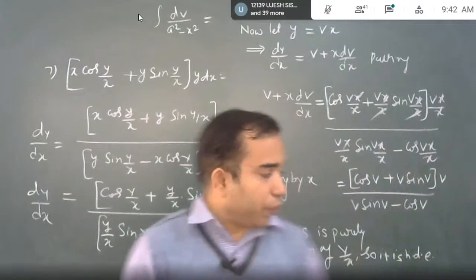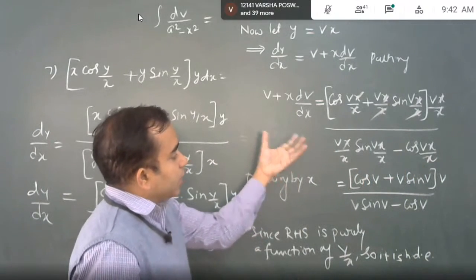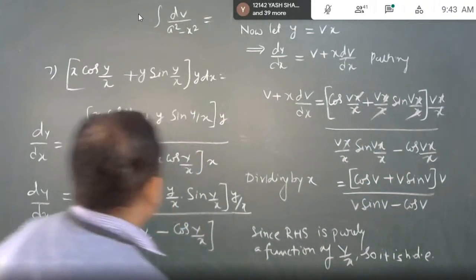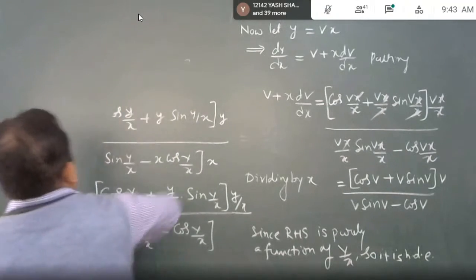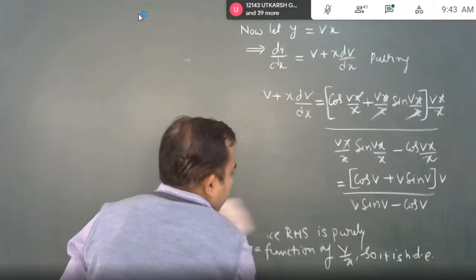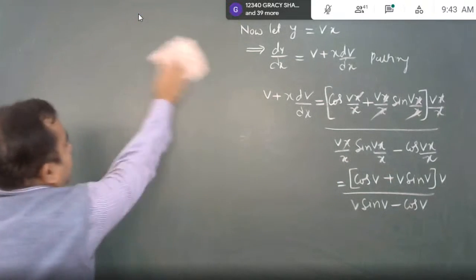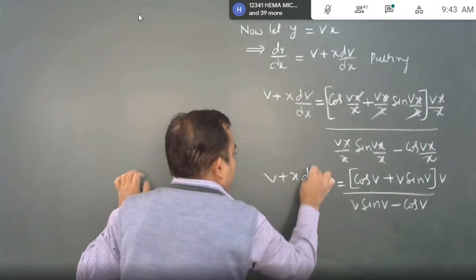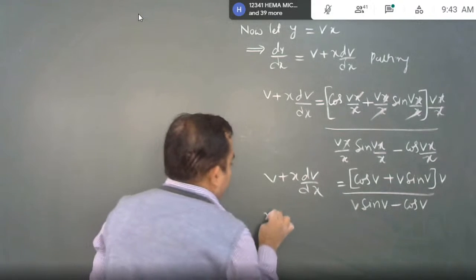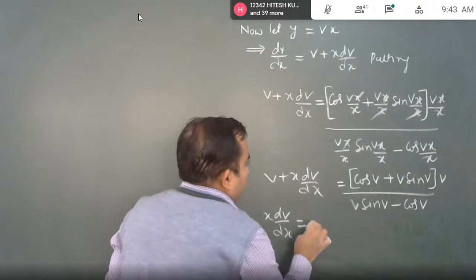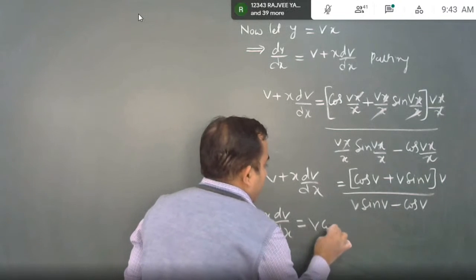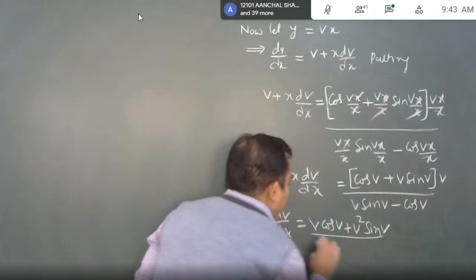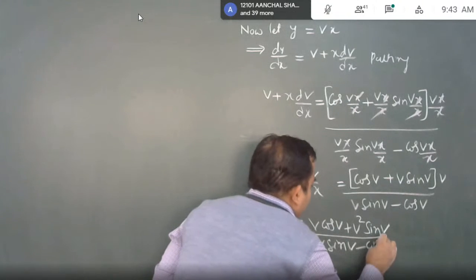Now let us shift this v term, because now I have to separate the variables. This is containing completely v. This v also let us shift on the right hand side. So this will become x dv upon dx equal to v cos v plus v square sin v, whole upon v sin v minus cos v, minus v.